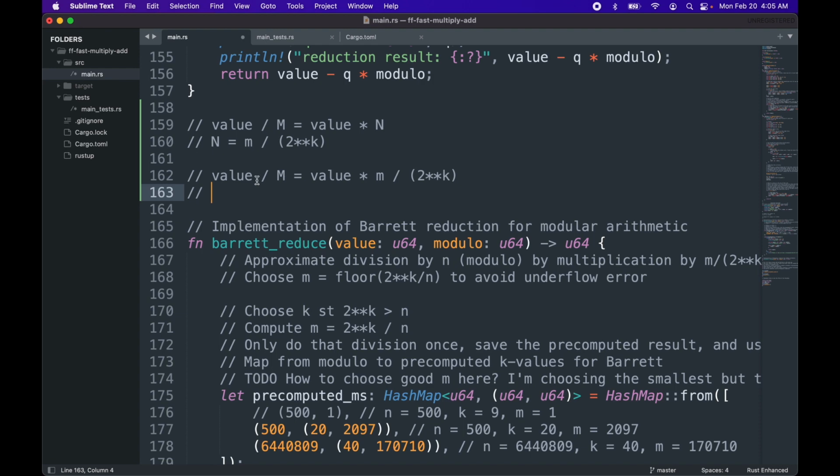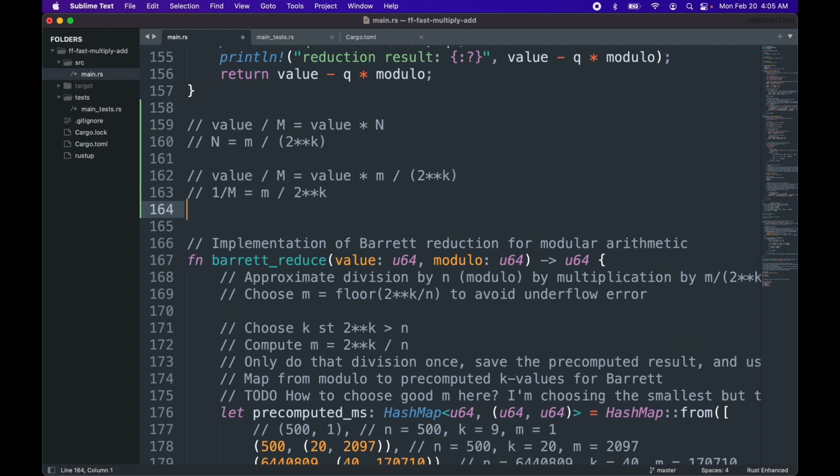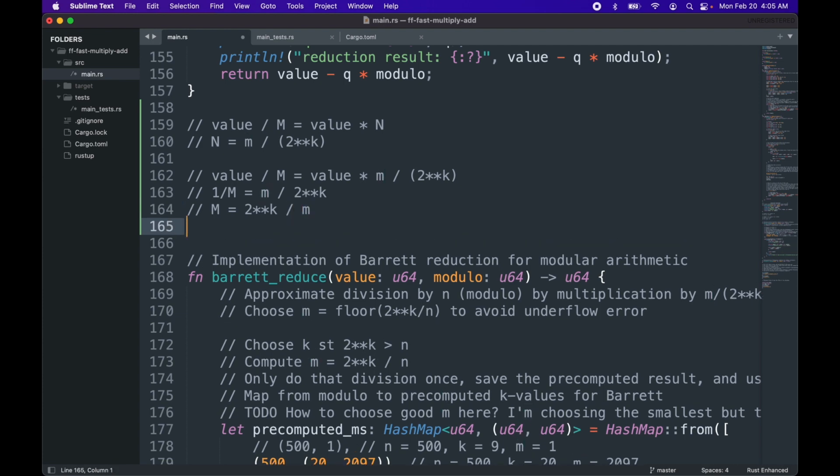Okay, how do I get there? I can get rid of the value on both sides, and I have 1 over n equals m per 2 to the k. I can then say my mod, big M, is 2 to the k divided by m. But what I wanted was the small m.